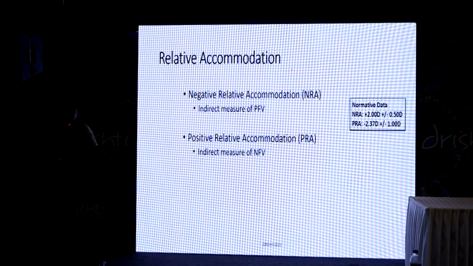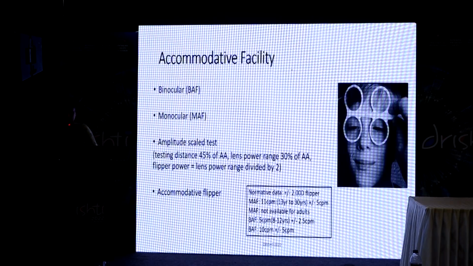So NRA is again an indirect measure of your positive fusional vergence, and PRA is an indirect measure of your negative fusional vergence. So I'm not going to be elaborating on how to do these tests. I'm sure most of you are aware. In case you're not, you need to go back and read up about it, because these are very important, because unless you quantify these measures, you cannot arrive at a diagnosis.